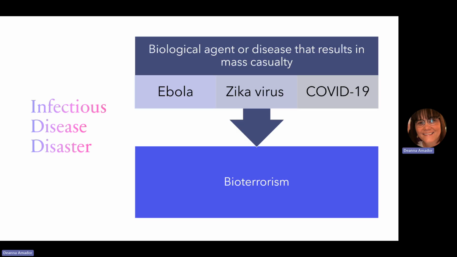Okay, an infectious disease disaster. This is a biological agent or disease that may result in mass casualties. So Ebola, Zika virus, COVID-19. This could be intentional, and that could be called bioterrorism: the intentional use of a biological agent or derivative to inflict harm or death onto a civilian population.